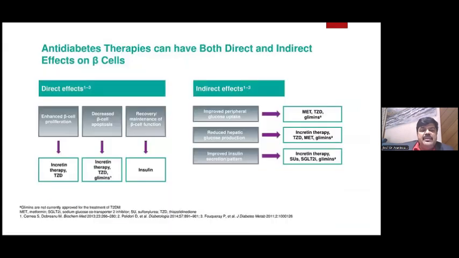So the anti-diabetic therapies can have both direct and indirect effects on beta cell mass, as we know, with regards to glitazones, incretin therapy, glimins, insulin, metformin. This is direct effects. Indirect effects are metformin, glitazone, incretin therapy, sulfonylureas, SGLT2 inhibitors.